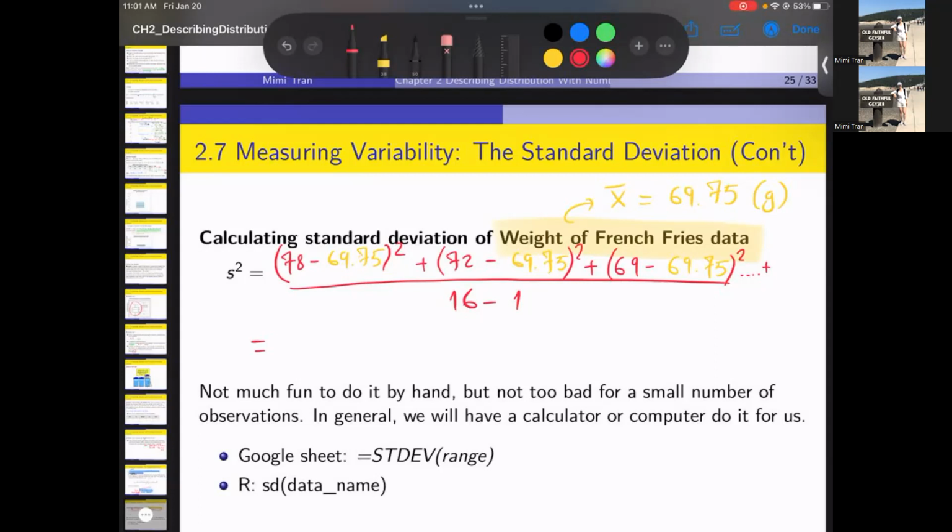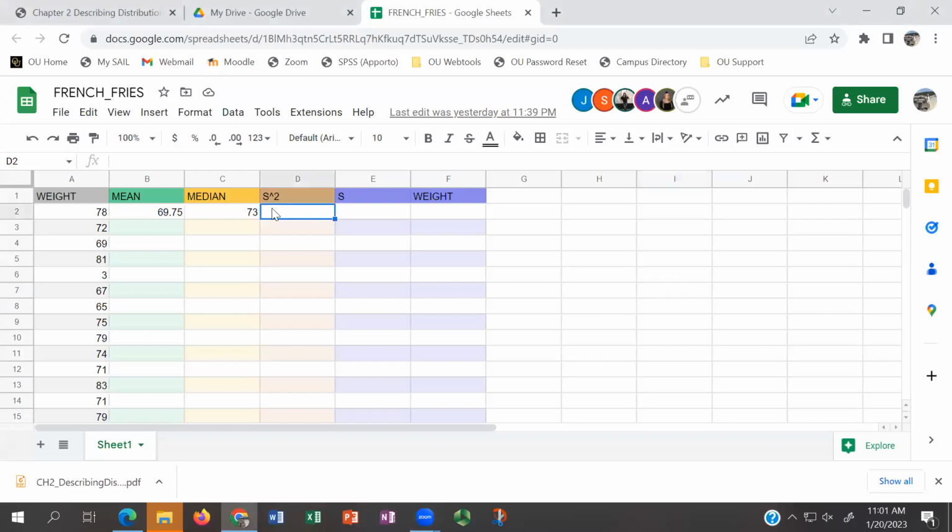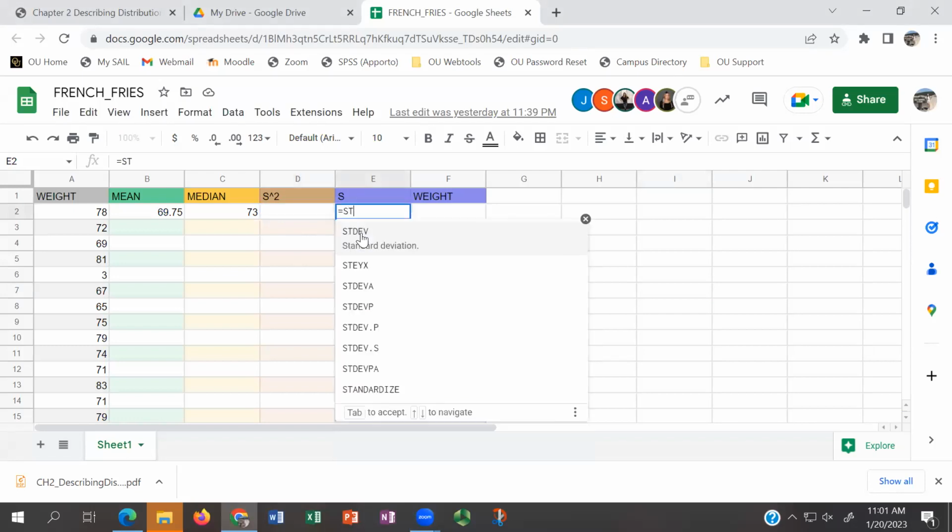All right, let's use the computer. Let's do S first. So equals STDEV.